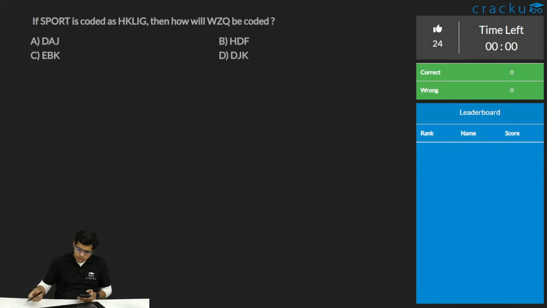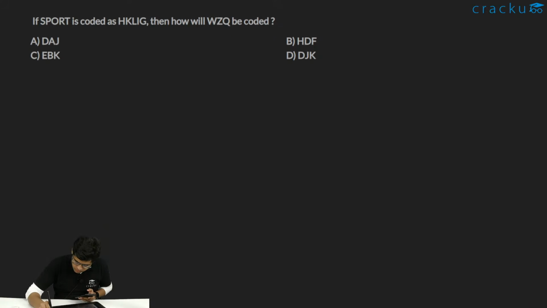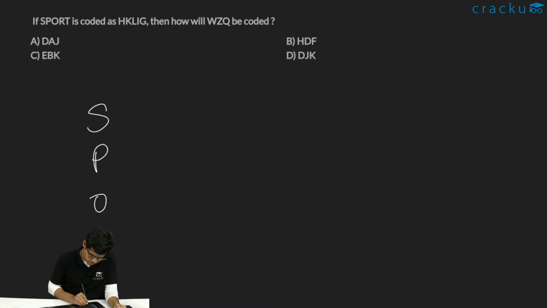Okay guys, let's see. Sport is coded as HKLIG. Let's see the numbers.